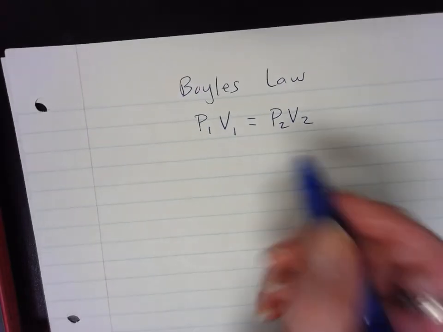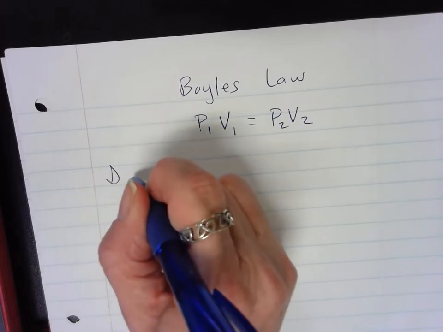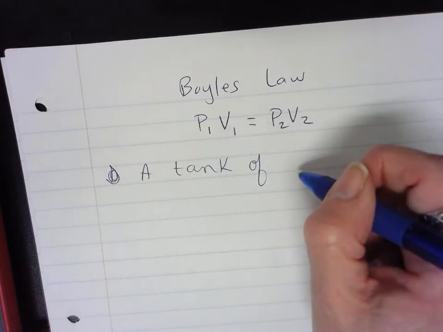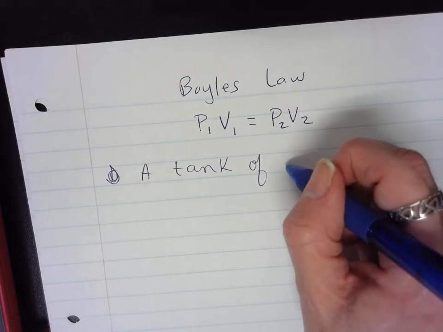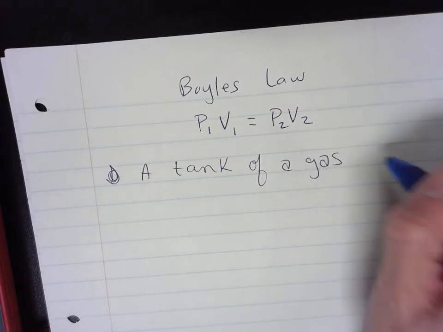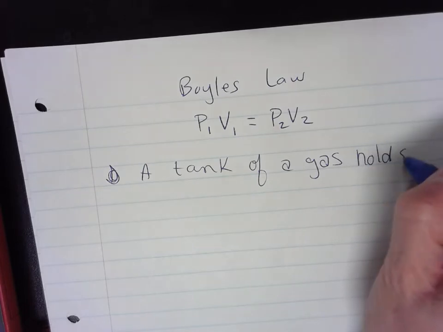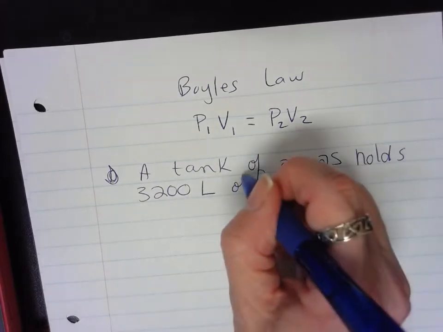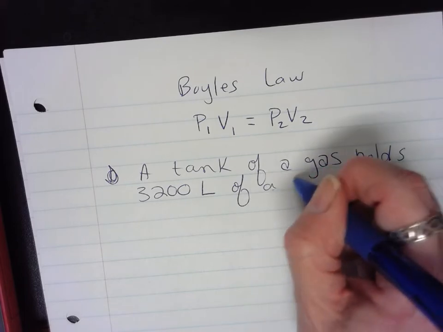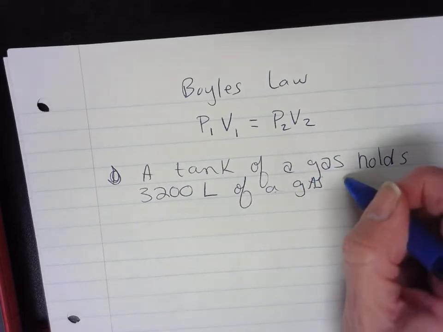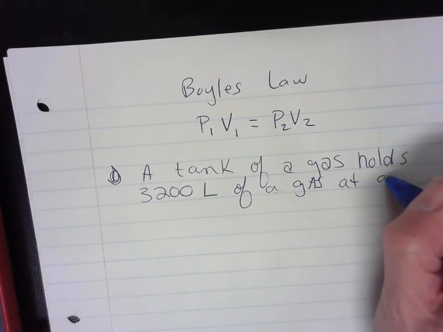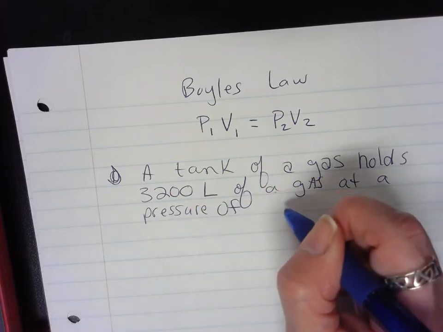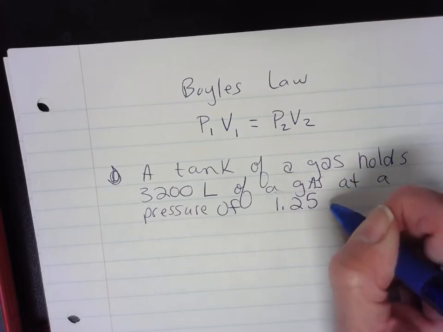Okay, so let's say you have a problem. A tank of some kind of gas holds 3,200 liters of some kind of gas at a pressure of 1.25 ATMs.